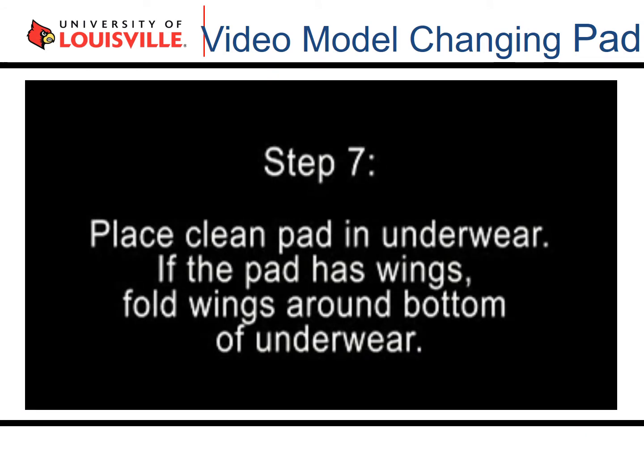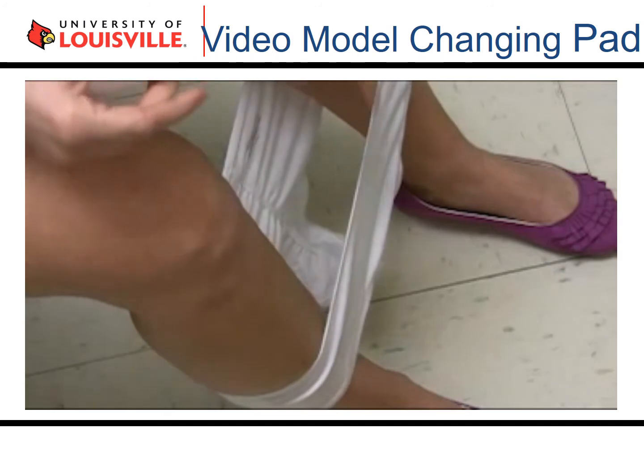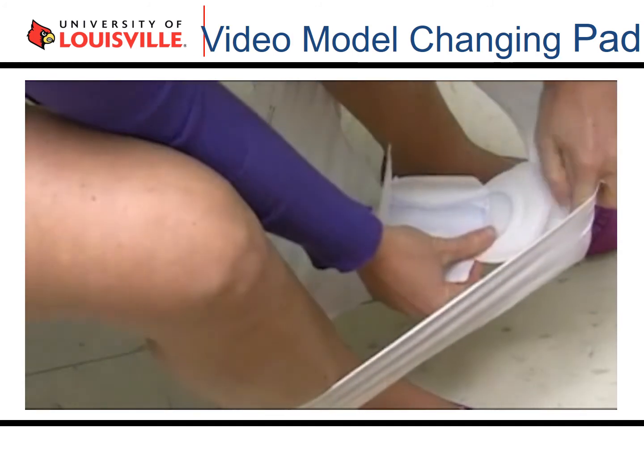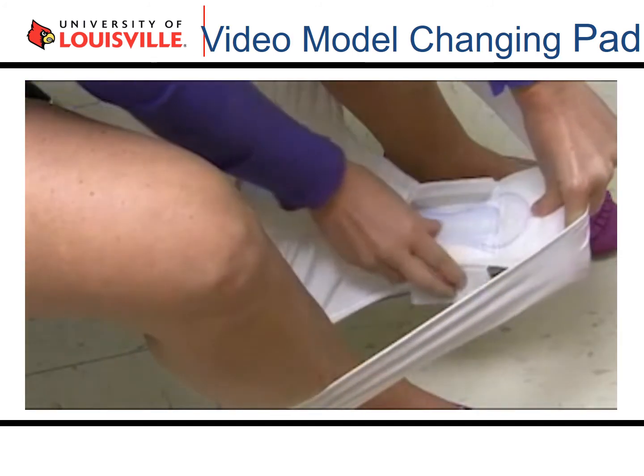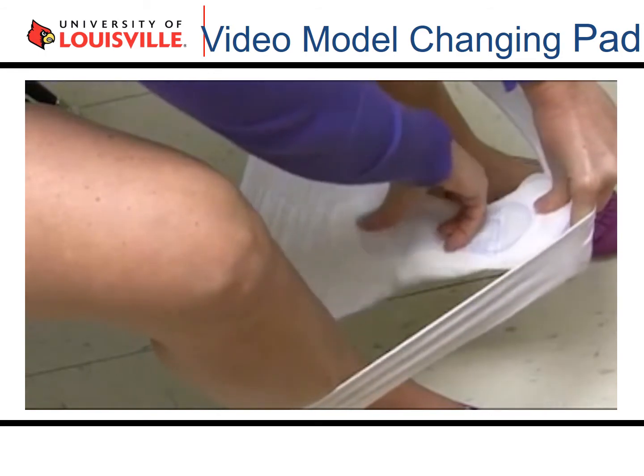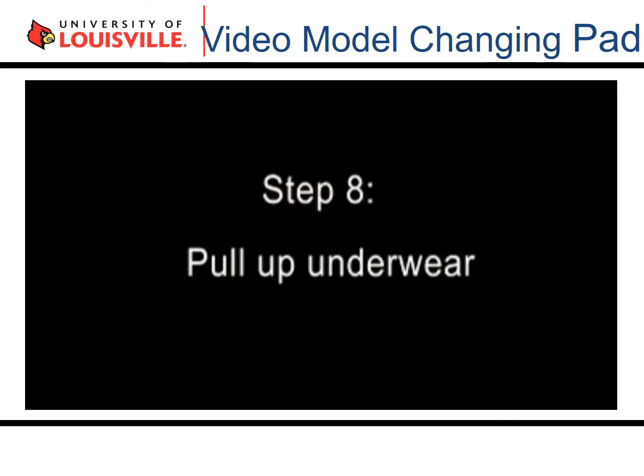Step 7. Place clean pad in underwear. If the pad has wings, fold wings around bottom of underwear. Step 8. Pull up underwear.